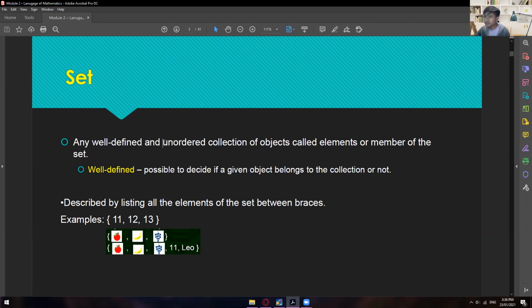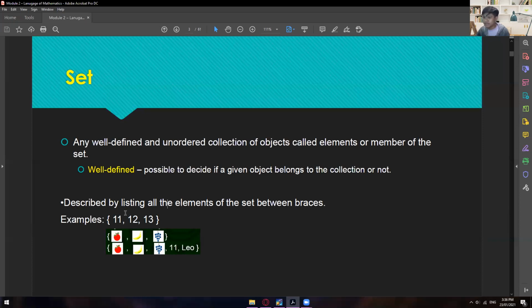And then the other one is unordered collection. When you say unordered, there is no particular order or arrangement. It doesn't matter when it comes to sets. So we have examples here. We describe a set by listing its elements between braces.